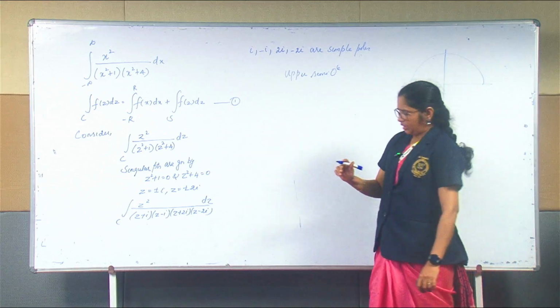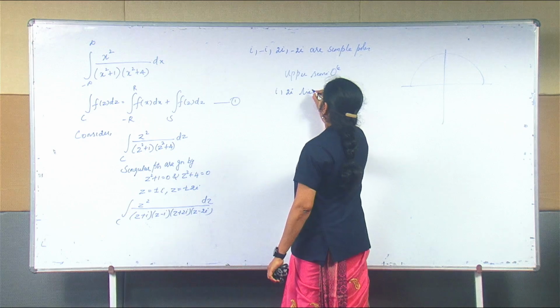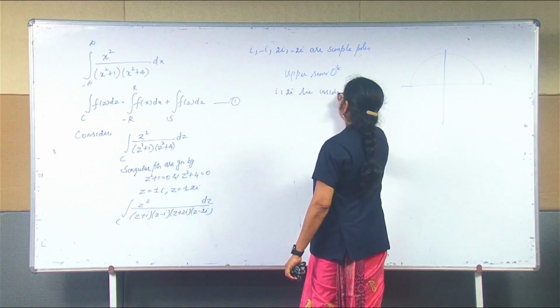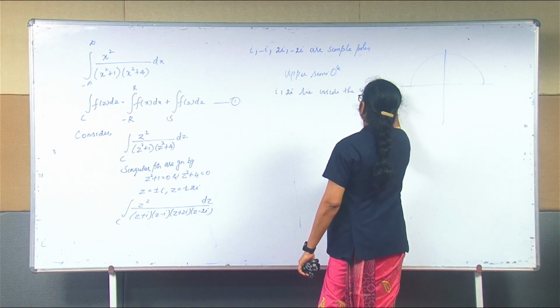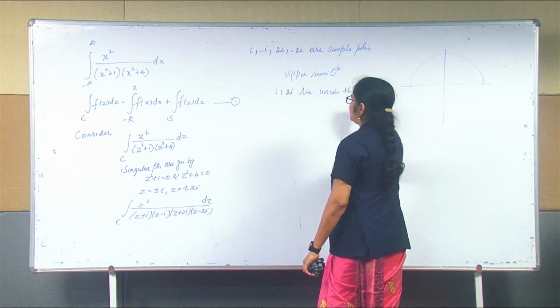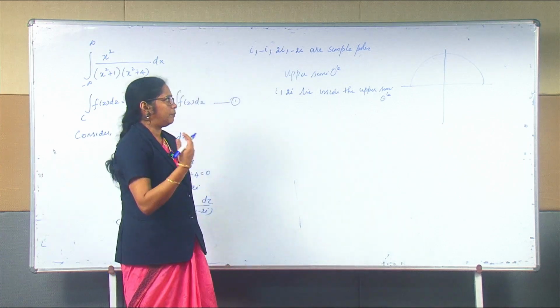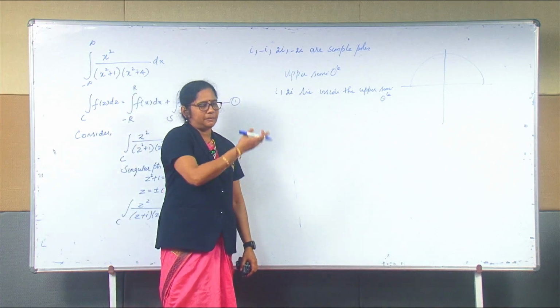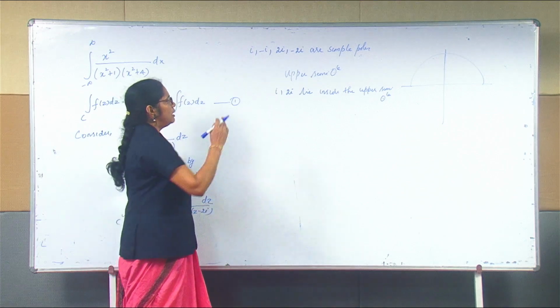There are 2 points: i and 2i lie inside the upper semicircle. So we should consider those points alone. We should ignore the other points, since they lie below the upper semicircle, out of the region of integration. So i, 2i.